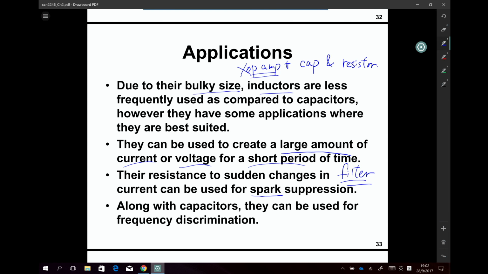Now for the capacitor, we have a special application used in the radio or television, using the technique so-called frequency discrimination. Actually, this technique is going to identify which frequency is inside your signal, and it is made use of in the tuner.